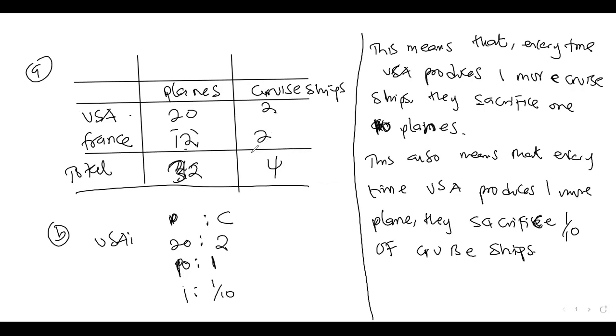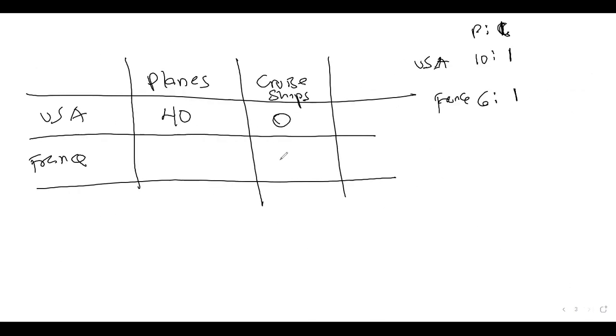When this 12 flows over and comes here, it will become 2. But we already have 2 existing. So 2 plus 2 become 4. And of course, they produce no planes. So the total world output will now become 40 planes and 4 cruise ships.